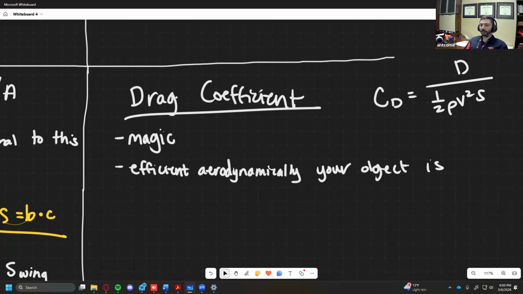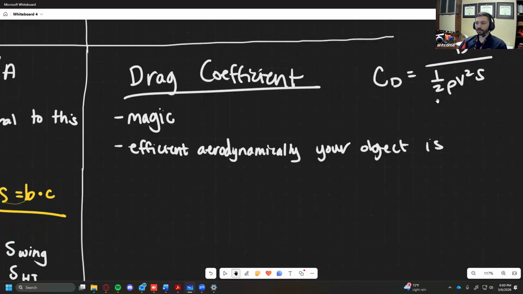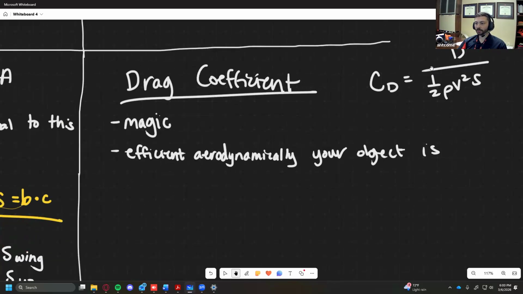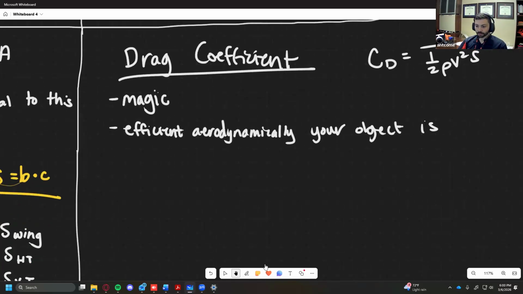So if someone tells you I have a drag coefficient of like 1, not too good. If someone says I have a drag coefficient of like 0.03, really good, right? The intent here is this is a measure of your drag force to your dynamic pressure force effectively. So that is what this is.